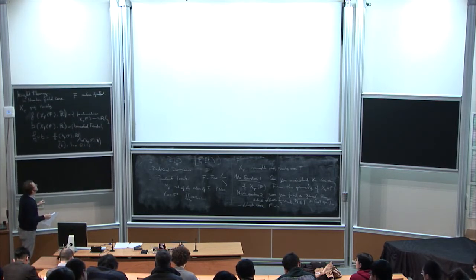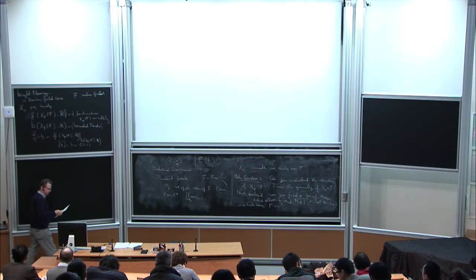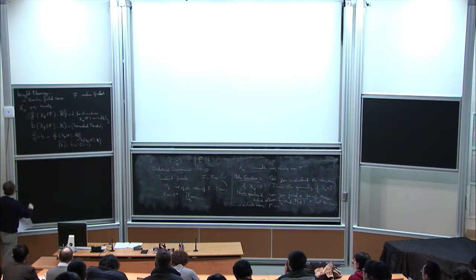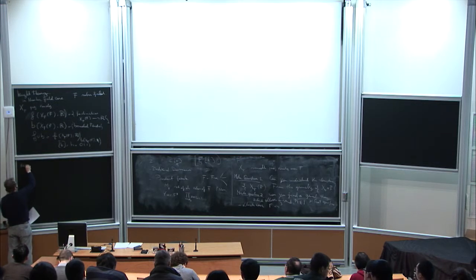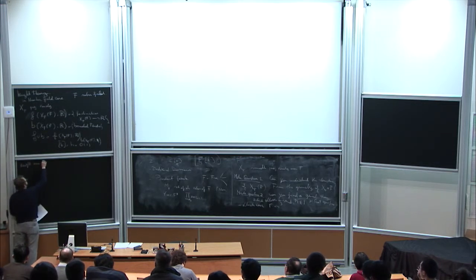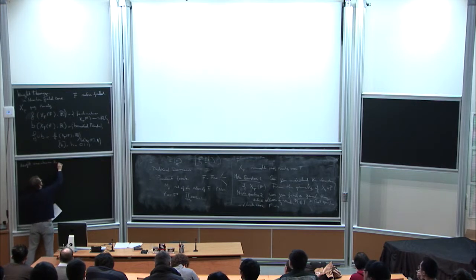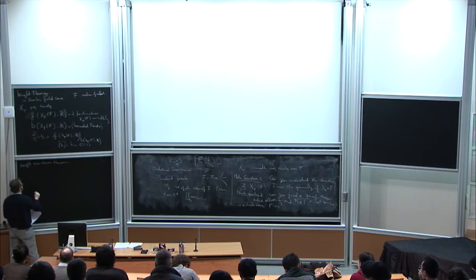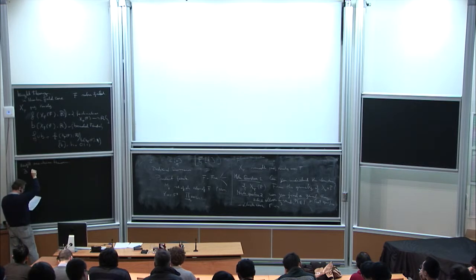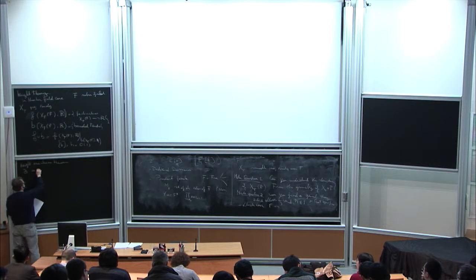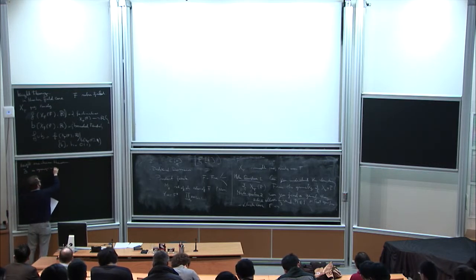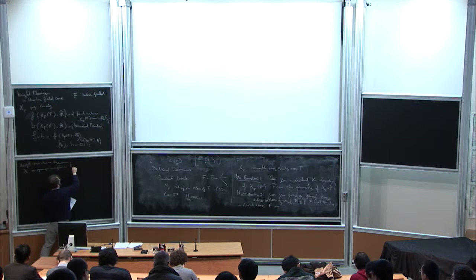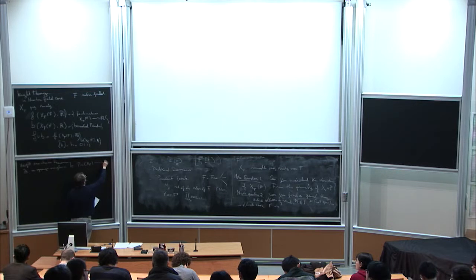And I hope that you know that there exists a height machine which says that there exists a group morphism, height, from Pic(X_F) to Fub.